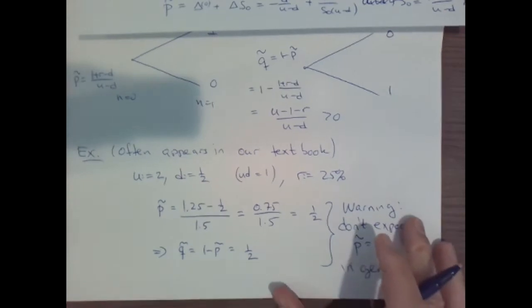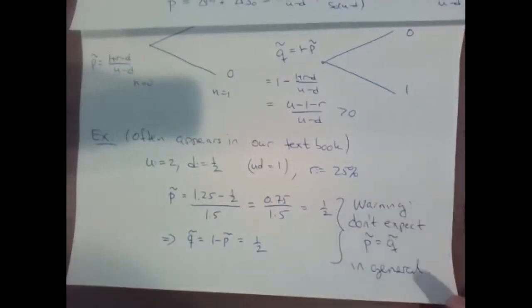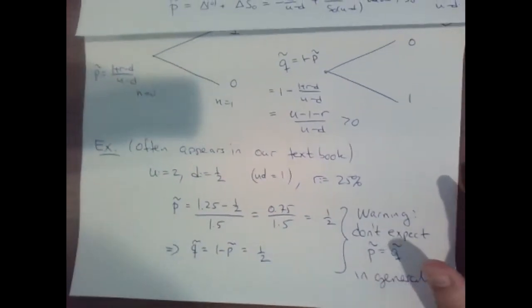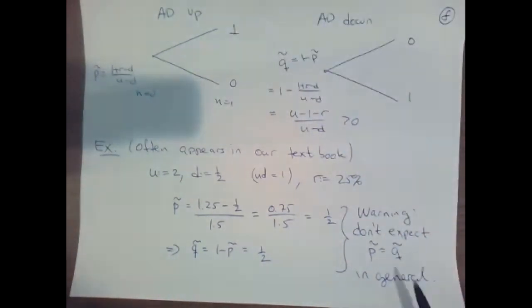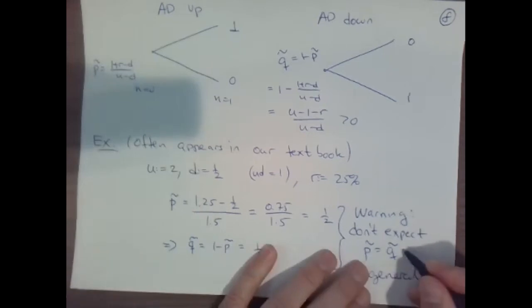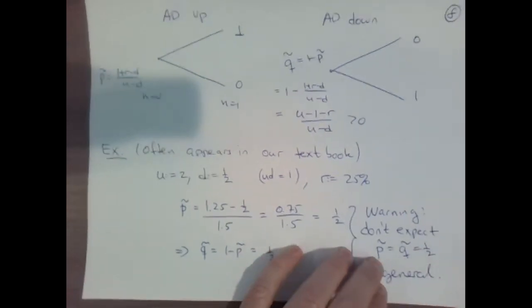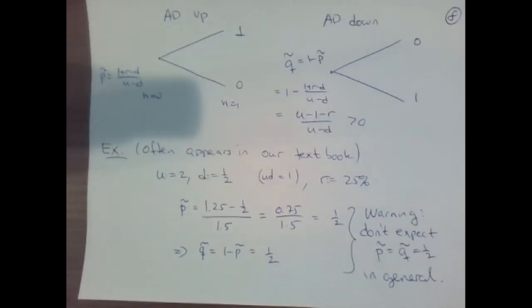This is something that appears to happen a lot in the textbook, but in general it's not true. We will not have that p and q are equal to a half in general. It just happens a lot in the examples in the textbook.